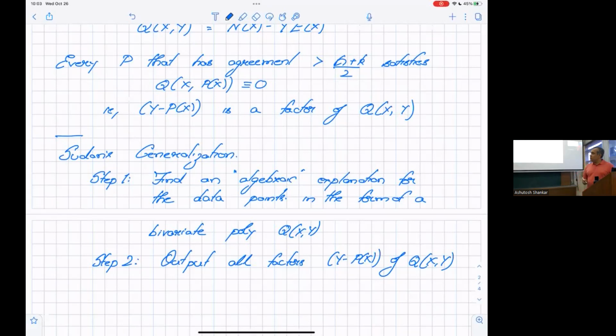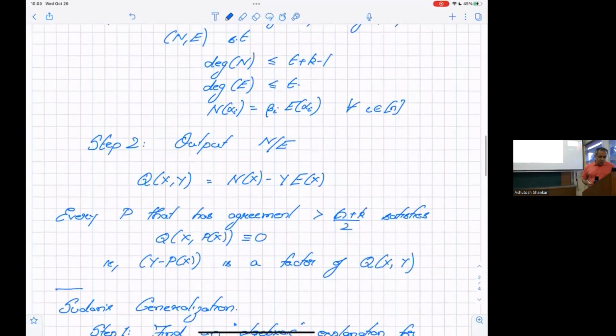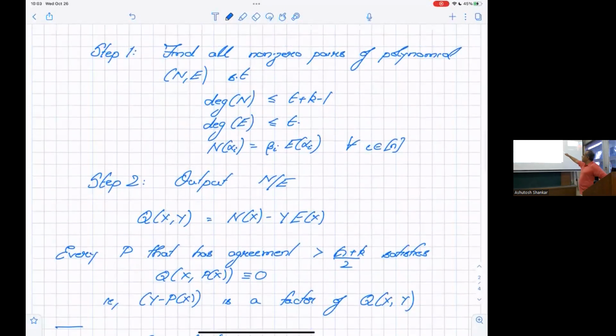The key idea is that previously we could not expect to get more than one polynomial because the degree in y was 1. So the first step is, I will do the same thing, but I'll give a bivariate explanation in which you allow for degrees in y which are more than 1, slightly larger than 1, hoping that all the polynomials with significant agreement with the data will appear as factors.